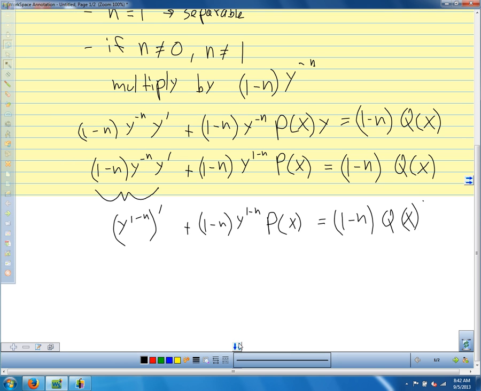So I'm going to use the transformation. Now we have a first order linear differential equation in a new variable. My new variable is, I'm going to let z equal y to the 1 minus n.